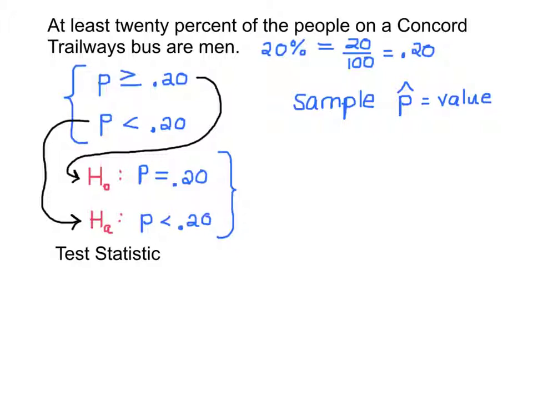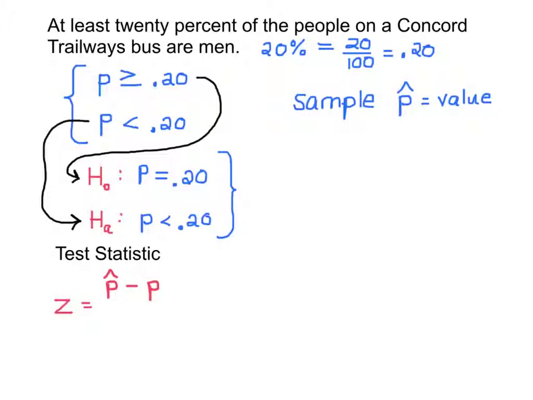So what we need is a test statistic, which is a z-score, and what we're finding is the z-score of our sample's proportion of men, p hat. The formula for that is p hat, from our sample, what proportion of men there were, minus the population proportion p that we're declaring to be 20%.